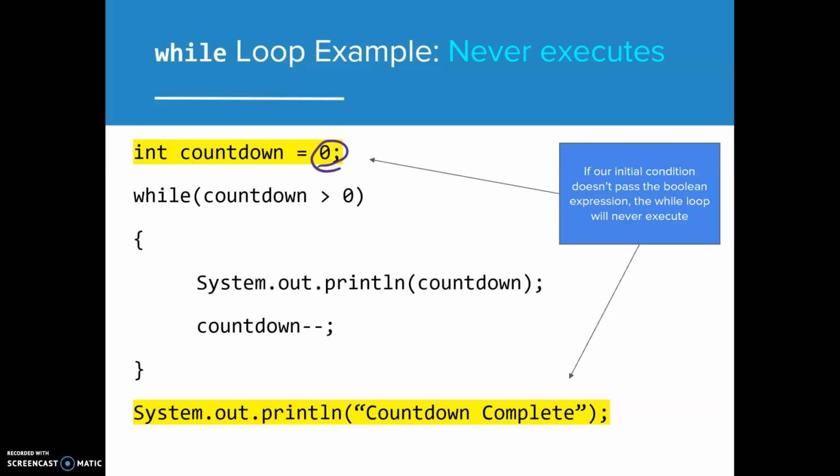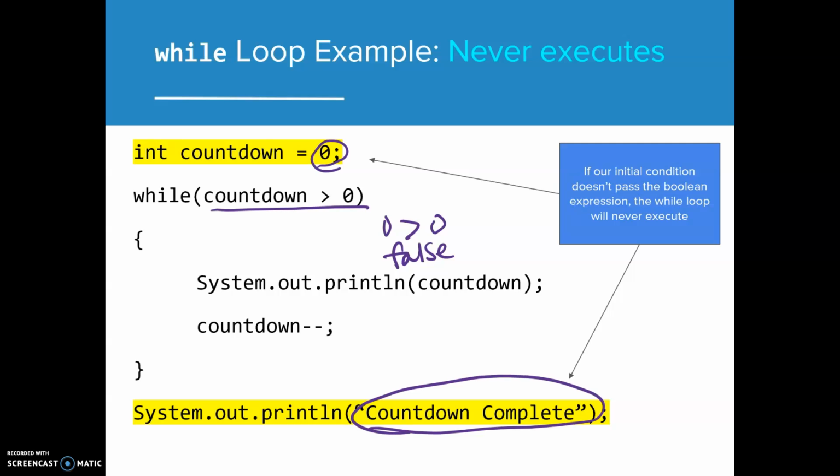Here my starting value is 0 and my testing condition is while countdown is greater than 0. Since 0 greater than 0 is false, this loop never executes once. So the only thing that prints is this line right here. Now maybe that's what you intended, don't really know, but usually we intend for our loops to do something at least once. And so in this case, this would probably not be what you wanted.